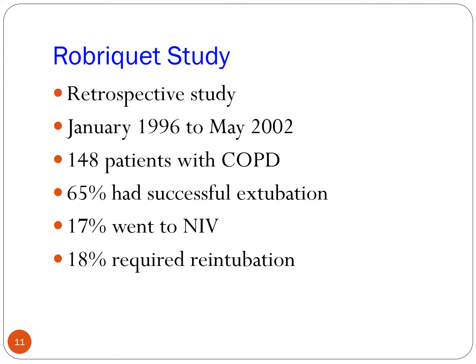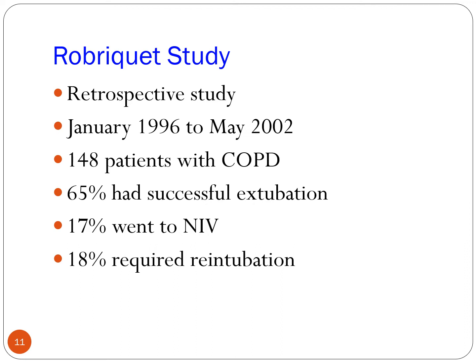To further talk about this study, it was from January 1996 to May 2002. It was a retrospective study. They looked at 148 patients who came in with COPD, and they were all intubated.